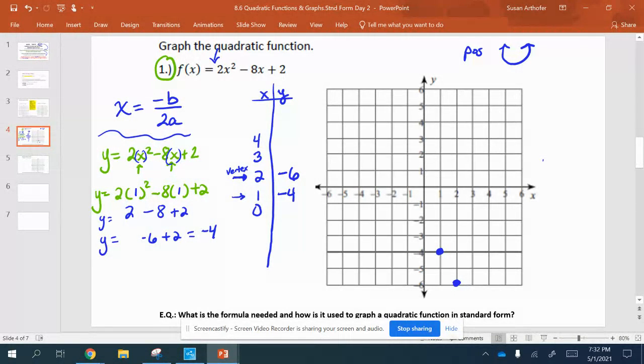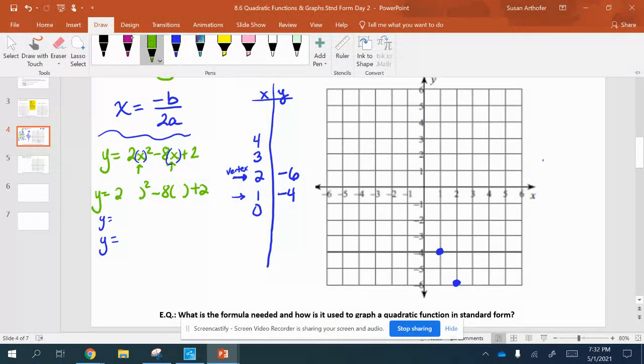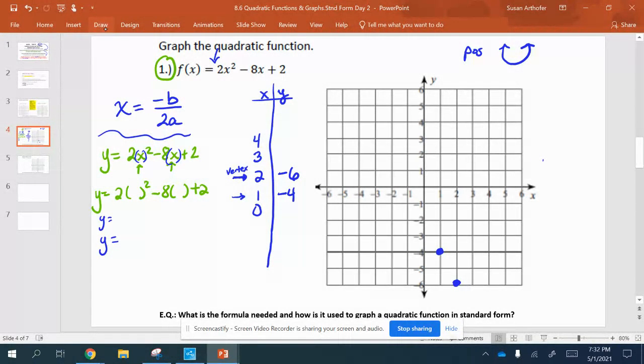Okay, I'm going to erase my blue, and I'm going to plug in another x value. Now I'm going to plug in x is 0. 0 is nice, it's quick. 0 squared is 0, times 2 is 0, negative 8 times 0 is 0, plus 2, so my y value would be equal to 2. And then I'm going to make that dot. 0, don't move, up 2.